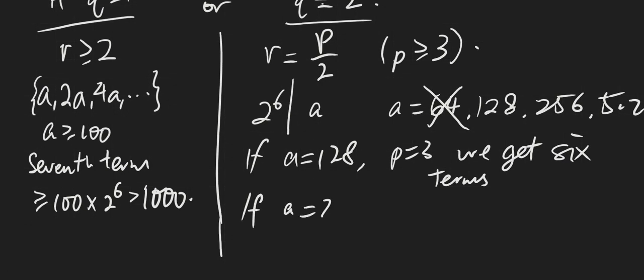If a is 256, we must have the 7th term, a times p to the 6 over 2 to the 6. This term must be less than 1000, right?